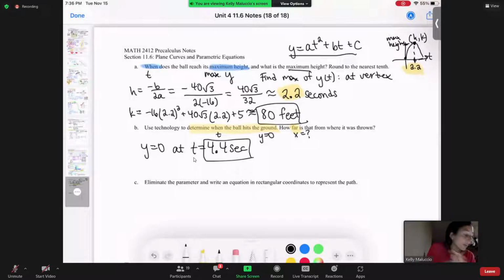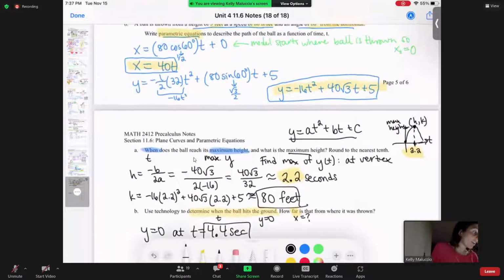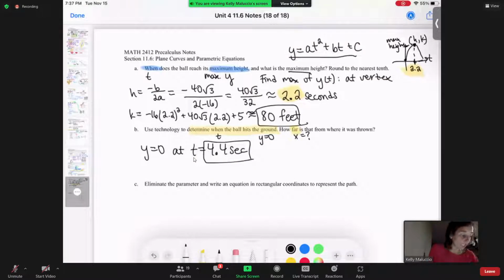So either way, you can figure this out. 4.4 or around there is good. Now, to figure out how far from where it was thrown, we want to take our X and say, okay, X is 40T.